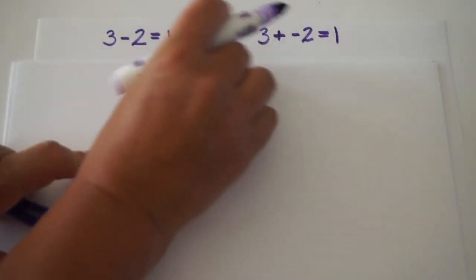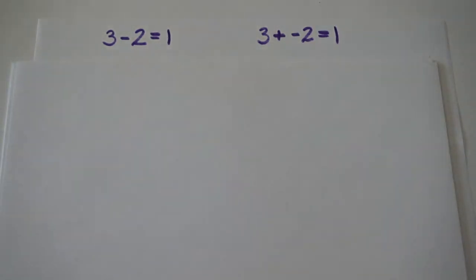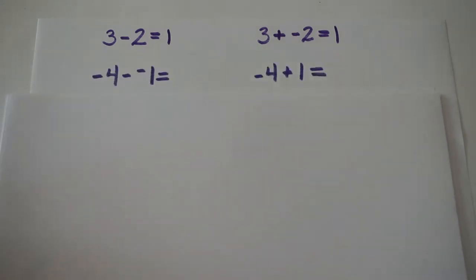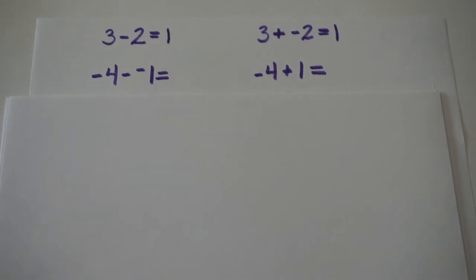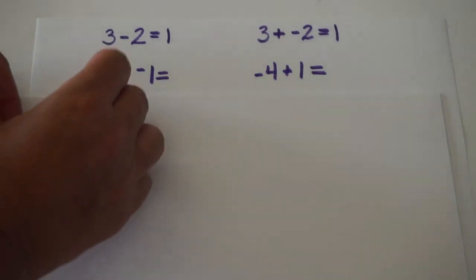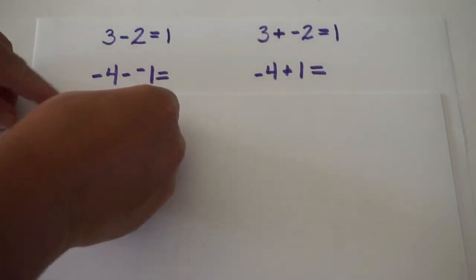Notice that for both of these problems, we get the same result. We get a result of 1. So minus a positive number is the same as addition of a negative number. So let's consider our next example. In this case, we have subtraction here on the left. So I'm going to represent the minuend, or the first number, using my chips or tiles.